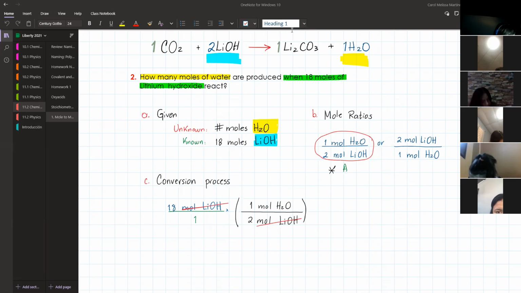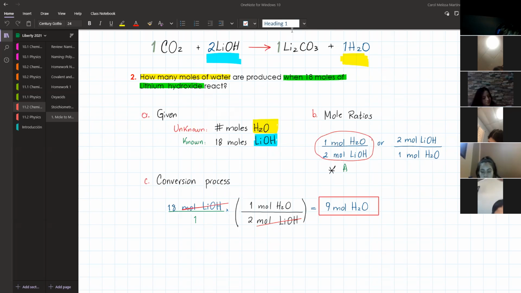What is the answer that you get? 9 moles of water. 9 moles H2O. That is the answer to the question, okay? And you can write it as a sentence.